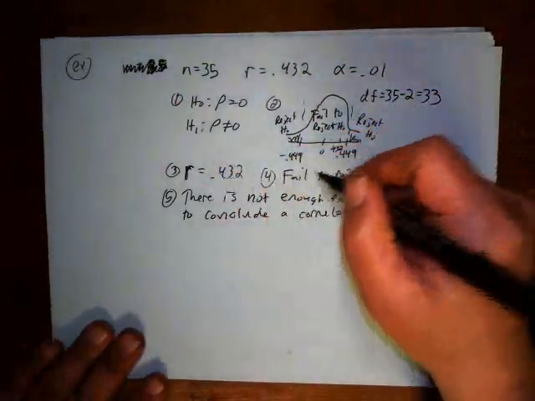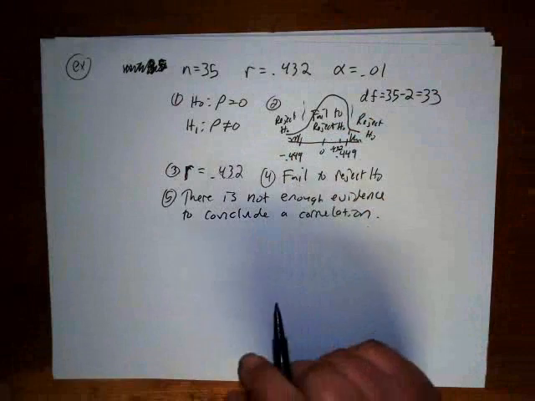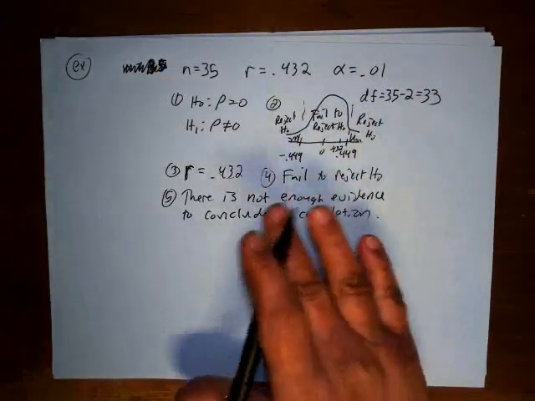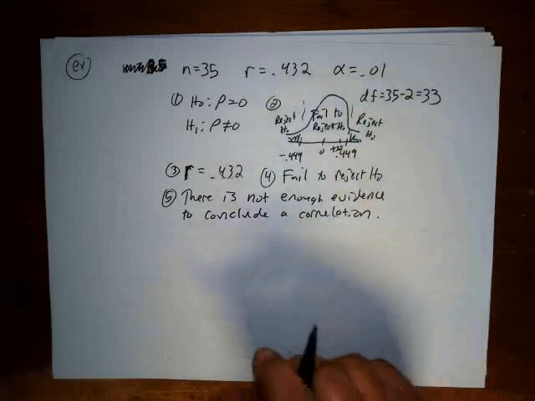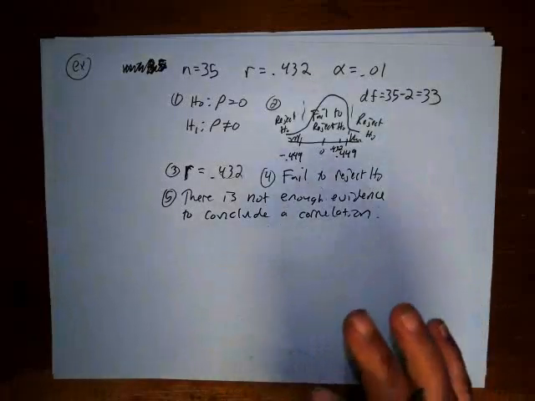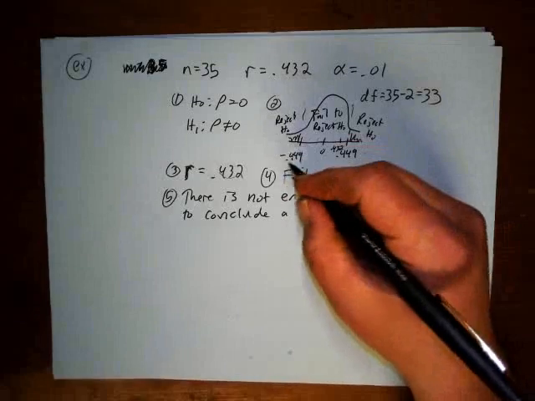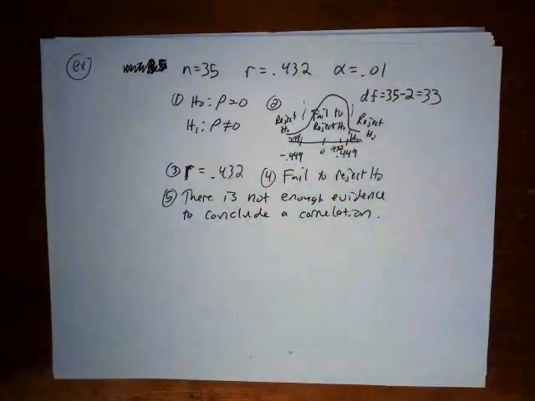Your test statistic is different, but then you make your decision and interpret the results, and it's all very similar from test to test. What changes really is, depending on what you're testing, where you get your critical values and how you calculate your test statistic.